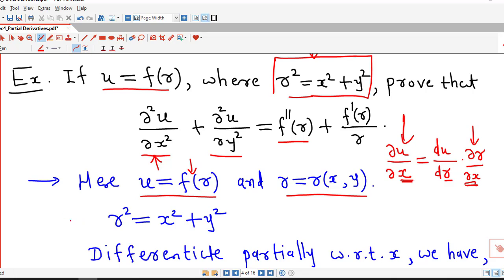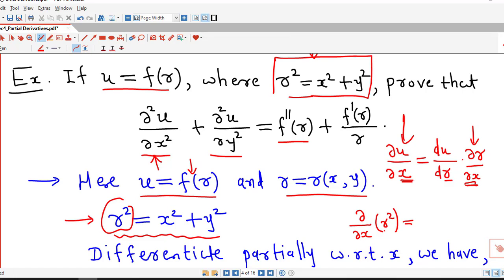So here r square is x square plus y square. We are interested in del r by del x. So we differentiate this equation partially with respect to x. Now the left hand side will be the partial derivative of r square with respect to x.